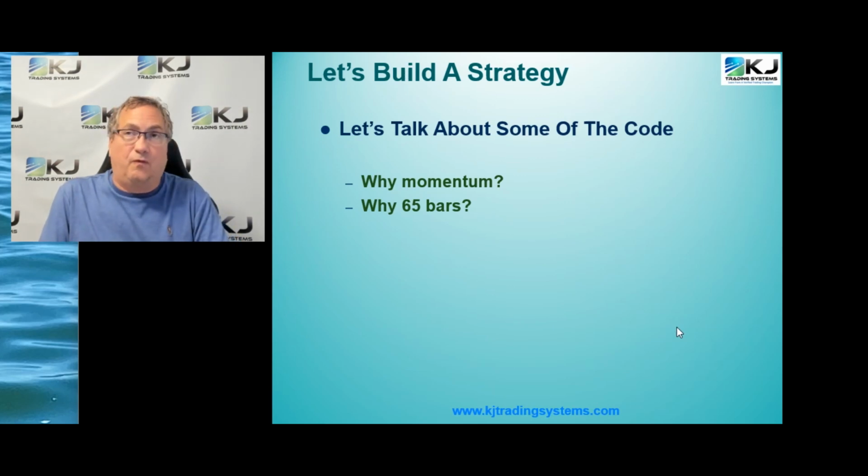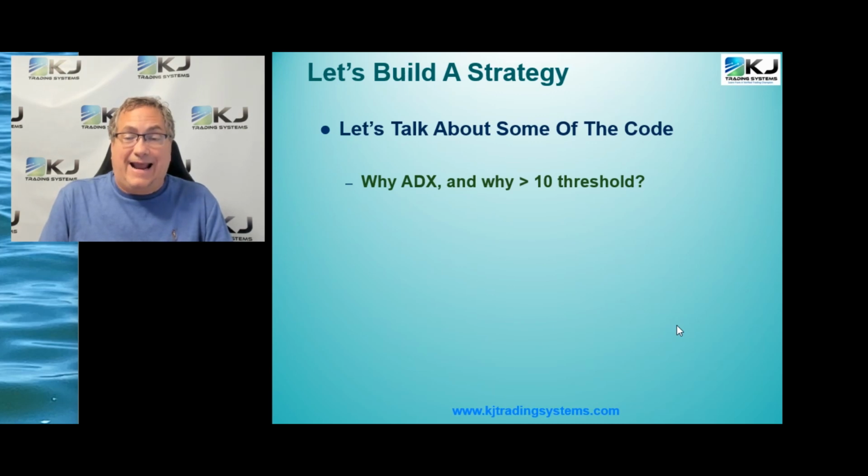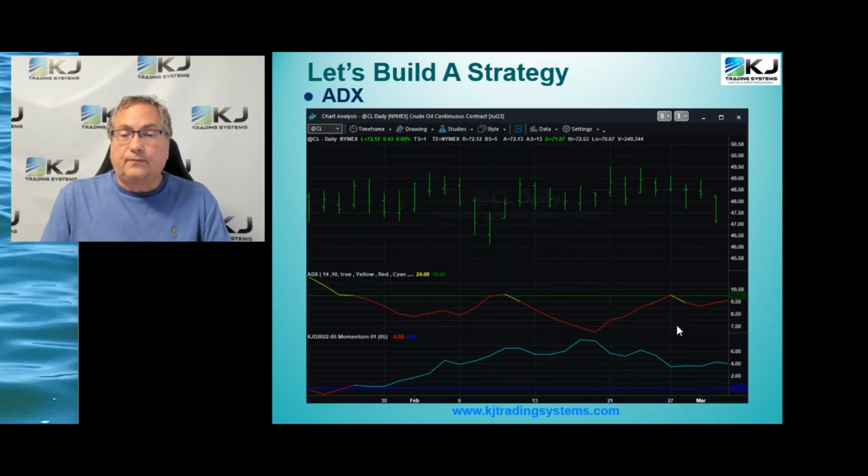I'm getting what I would call a medium term momentum length, and that's what I'm saying is going to be good for a trend. Then when you look at the ADX, you can see in this chart, it's a little hard to see, when it goes above and below 10, and that's what we're going to use as our threshold.